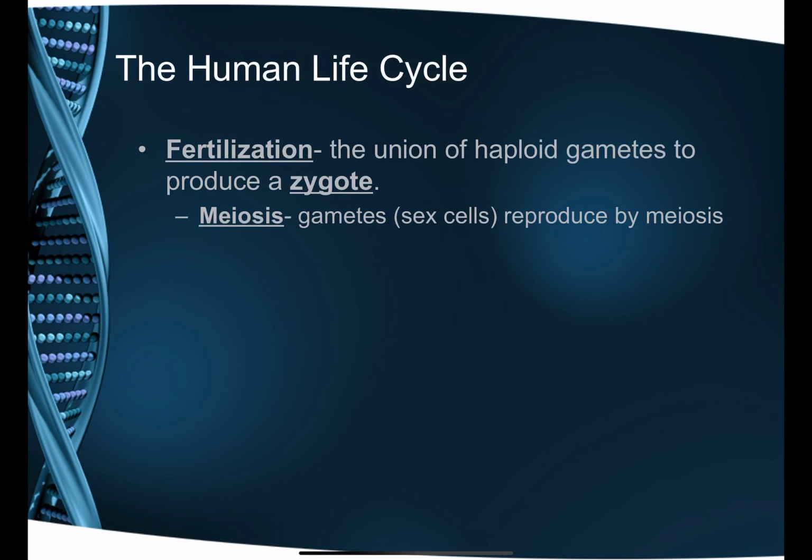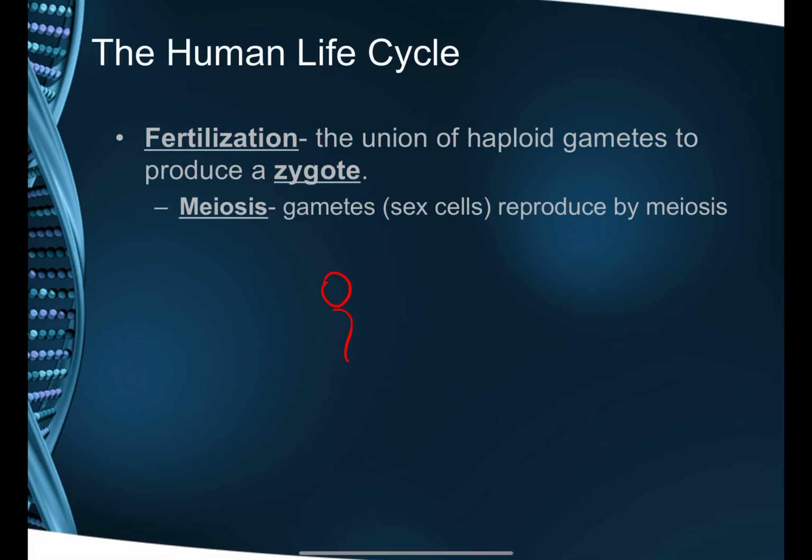So let's go on into today's lesson. When we take these gametes, so we have our sperm and we have our egg, and we unite them in the process of fertilization, which is the union of a sperm and an egg. It produces what is called a zygote, okay?